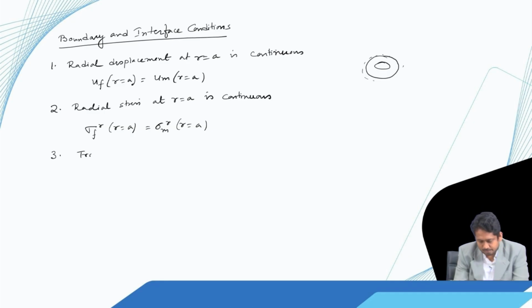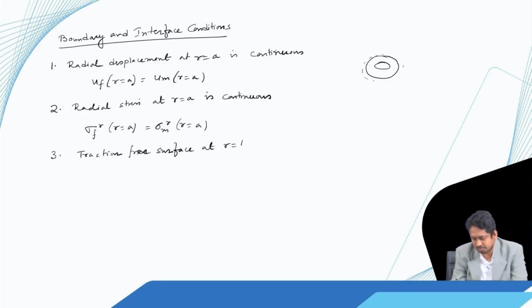So, the traction free surface we have at r is equal to b, and this says that sigma_r of the matrix at r is equal to b, so this is at r is equal to b, it is not something multiplied or something like that, equal to 0.